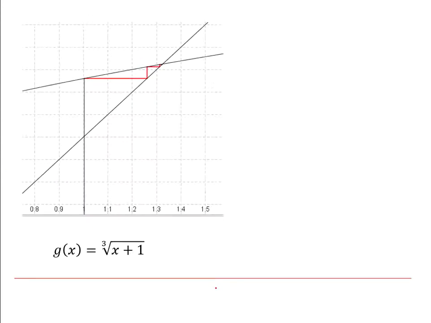Now this convergence can be demonstrated graphically, and we've got a starting point of x = 1 here, and this is the graph of y = g(x). So we're first of all going up to the graph there.